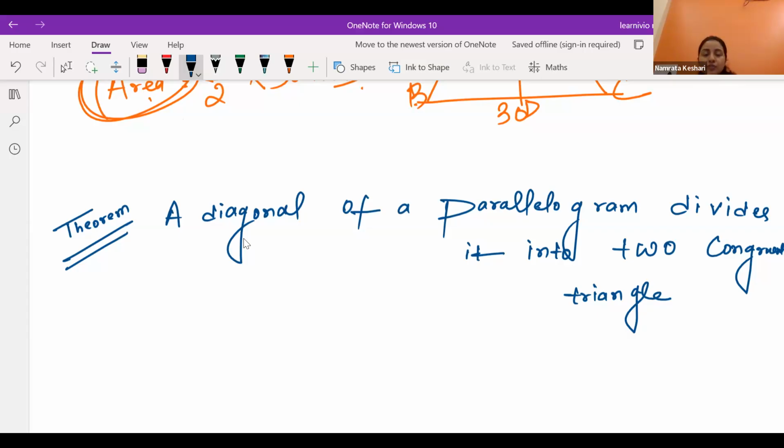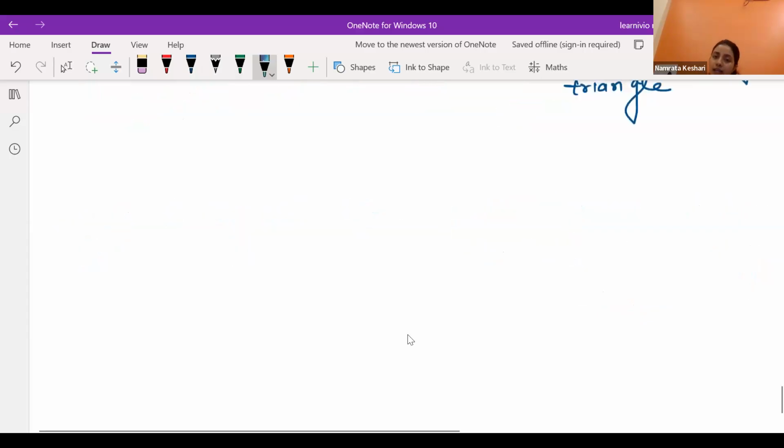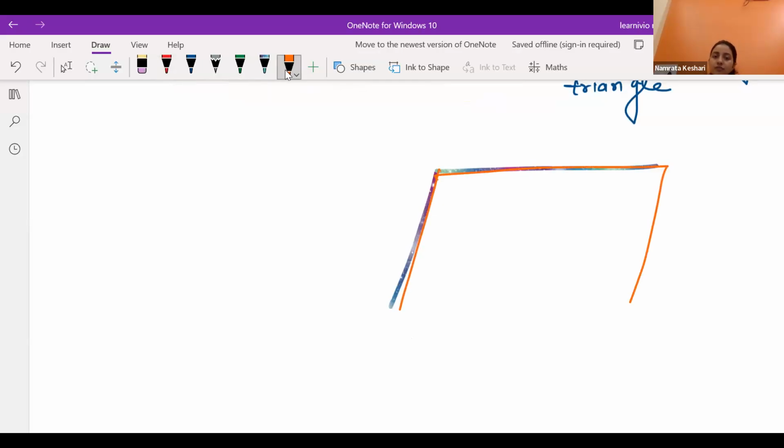So here we need to prove that a diagonal of a parallelogram divides it into two congruent triangles. We have to show over here that if we are drawing a diagonal in any parallelogram, suppose we are having a parallelogram, let's say parallelogram ABCD, then any diagonal you draw, be it AC, be it BD, it will divide our parallelogram into same triangles.